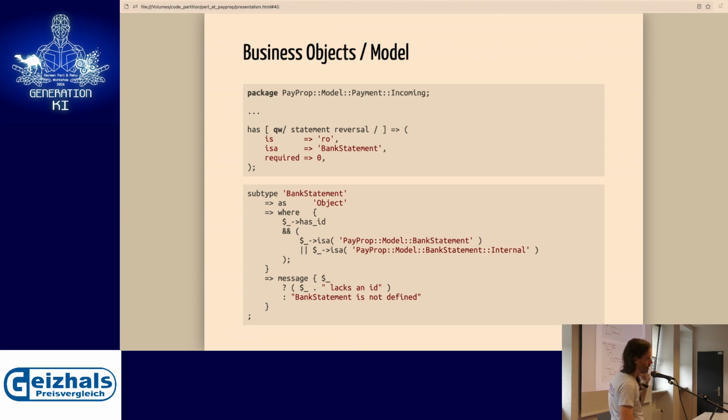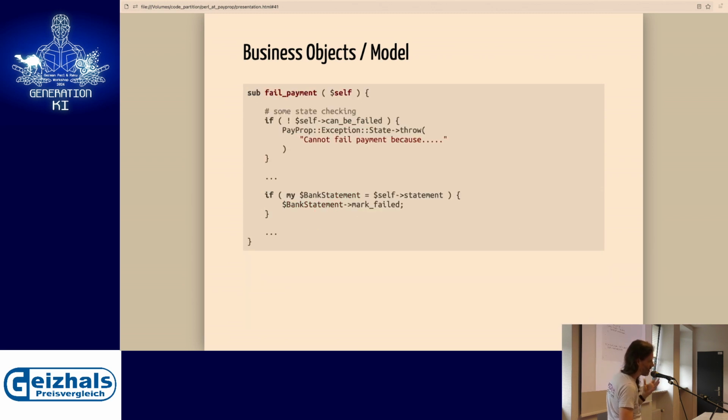So we get type checking. And then we can call methods, the tell-don't-ask principle, say fail this payment, and just delegate to that object to do it, rather than littering all of the logic elsewhere.